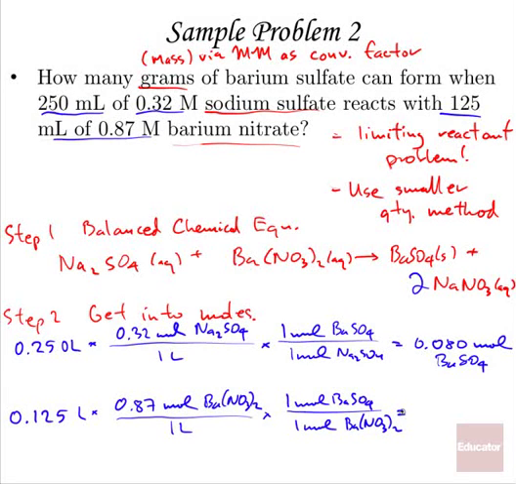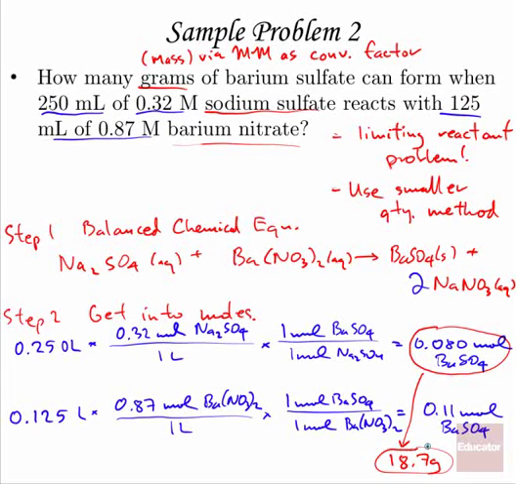And that's going to give us 0.11 moles of barium sulfate. So using our smaller amount method, the theoretical yield is going to be 0.080 moles of product, and that's going to be 18.7 grams of barium sulfate formed, which means sodium sulfate is limiting.